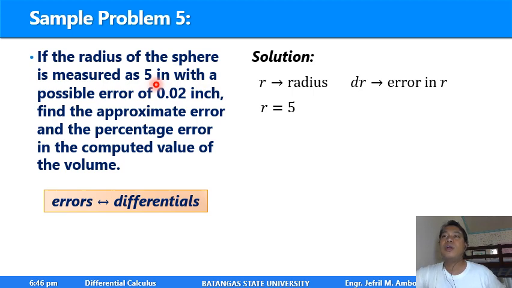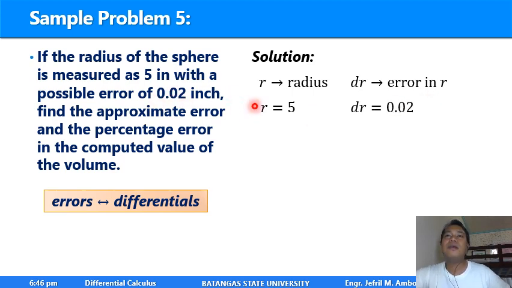These errors are usually much smaller compared to the actual measurement. Naturally, when you measure, your error is always smaller than what you measured. Otherwise, the error would be bigger than what you measured, right? So the error is small. Remember, the differential means a very small quantity. So, this 0.02 is your dr.